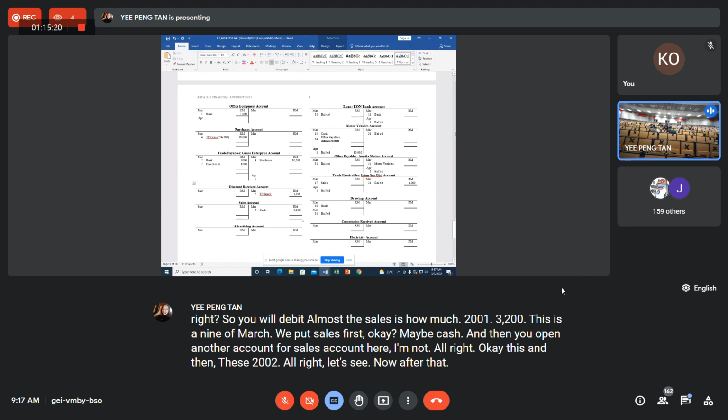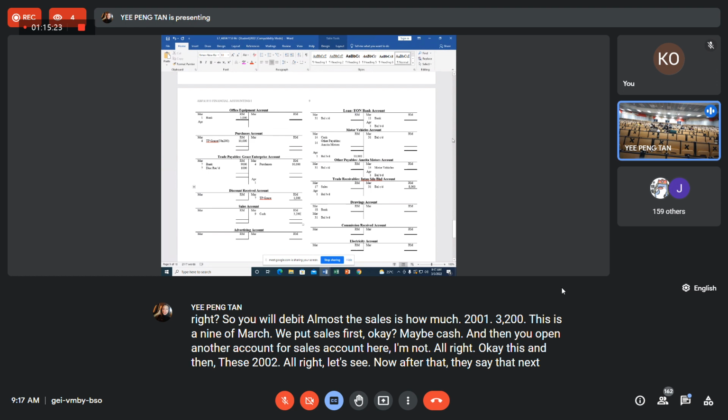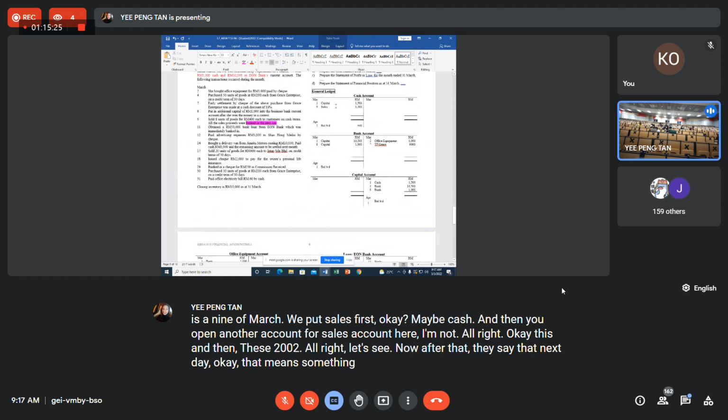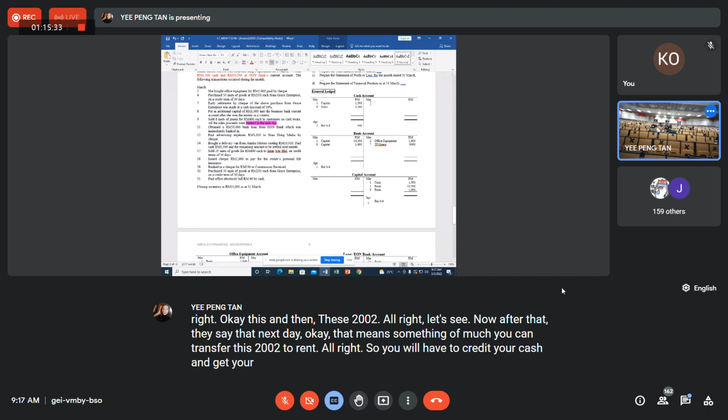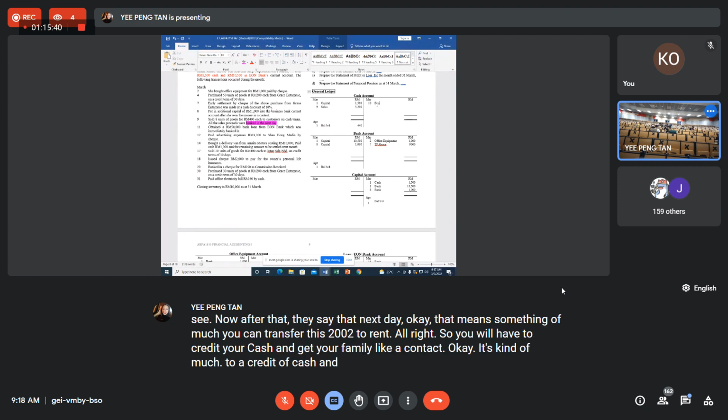Now after that, they say that next day, on 10th of March, you transfer this 3,200 to bank. So you will credit your cash and debit your bank.